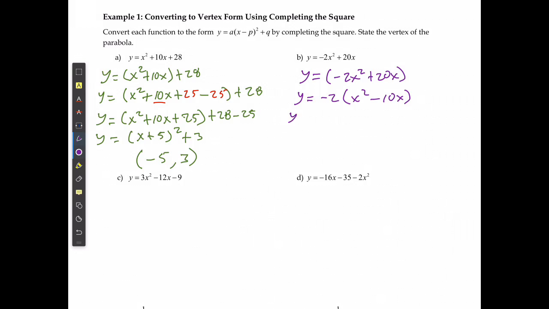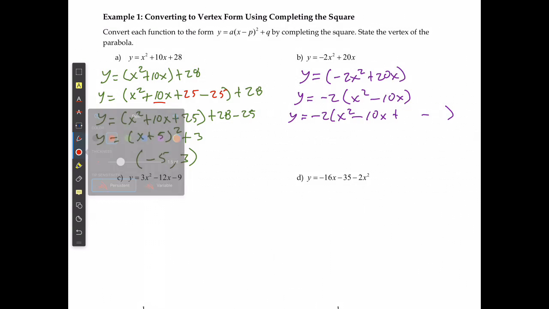I'm going to say that y is equal to -2 bracket x squared minus 10x plus and minus that number I'm going to solve for. And in this case, -10 divided by 2 and squared is going to be plus 25 and minus 25.